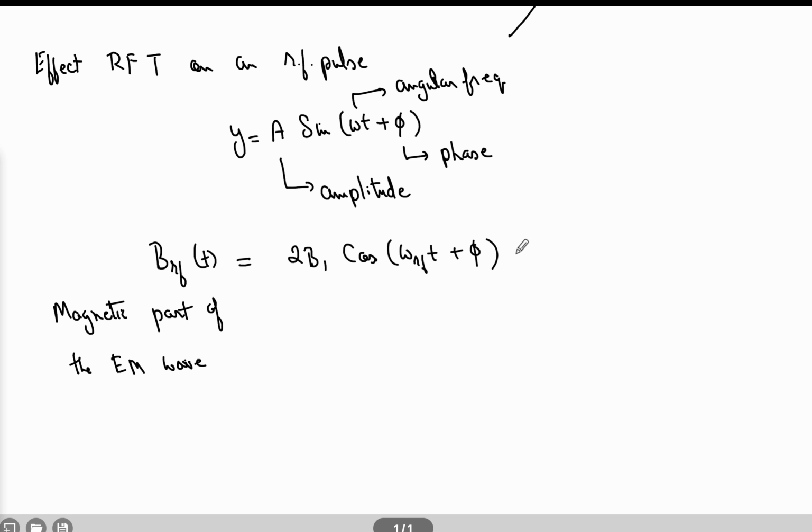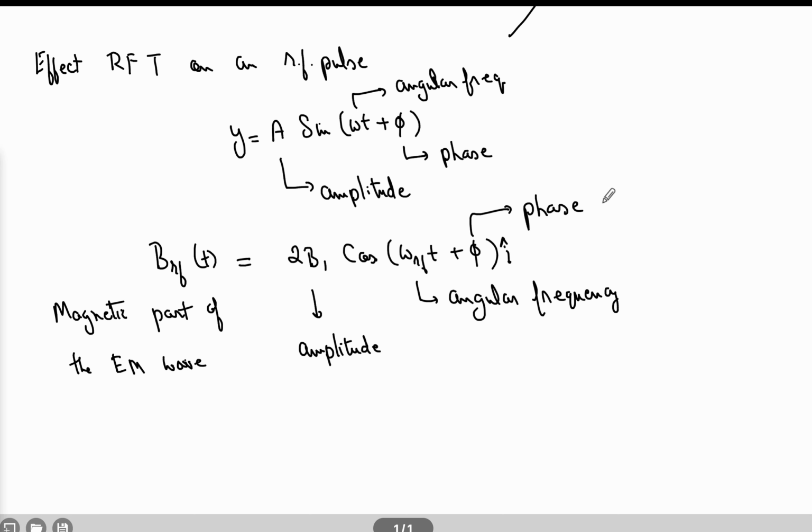If this is applied along the x-axis, I will write i cap. Now this is my amplitude of the wave, this is the angular frequency, and this is the phase, right?